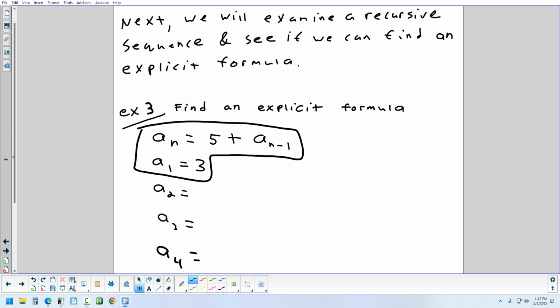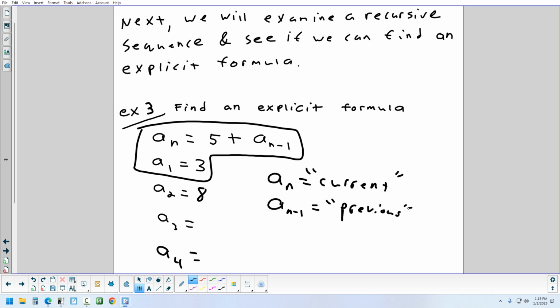But is that a minus 1 at the end, or no? So a sub n means the current term. A sub n minus 1 is the previous. So to get the current term, take 5 and add it to the previous term, since minus 1 means before. All right, how about the third term?